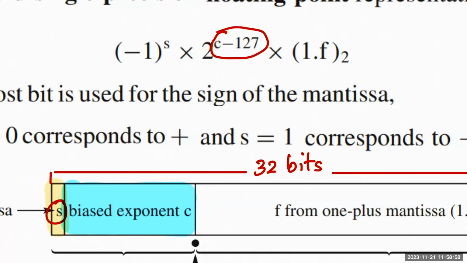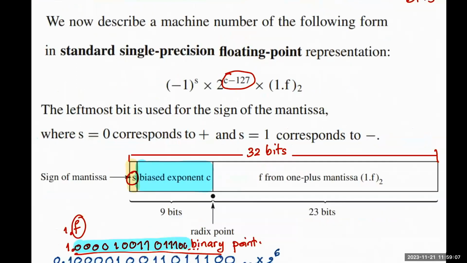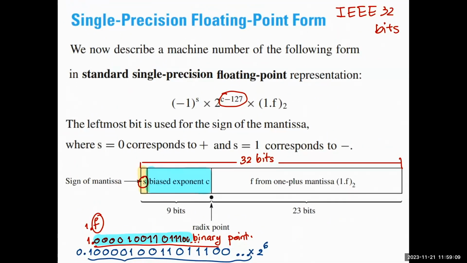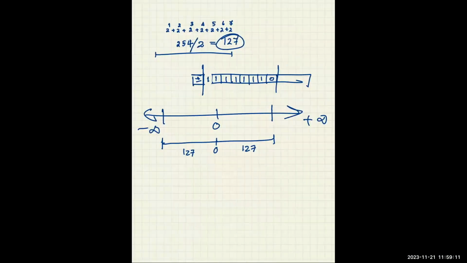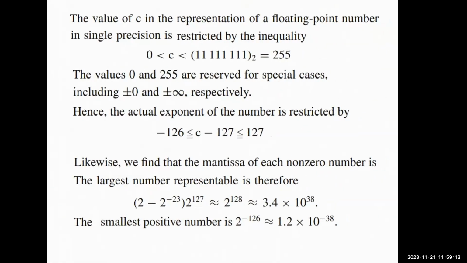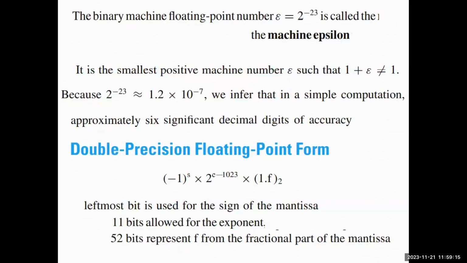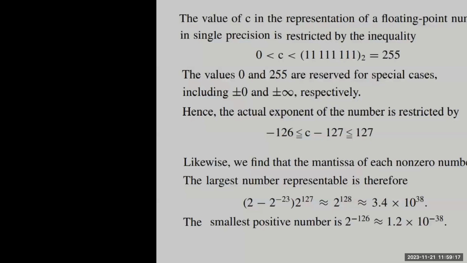If my value C is less than 127, it's going to be negative values. Okay. So this is how I will store the values of C. Let's see. Okay. So I will use the same number here.